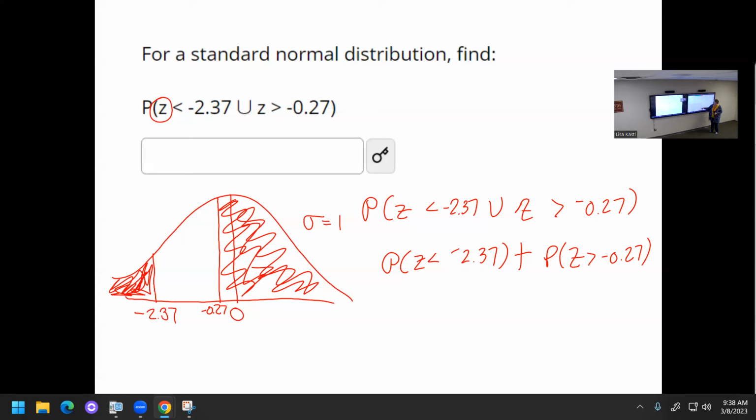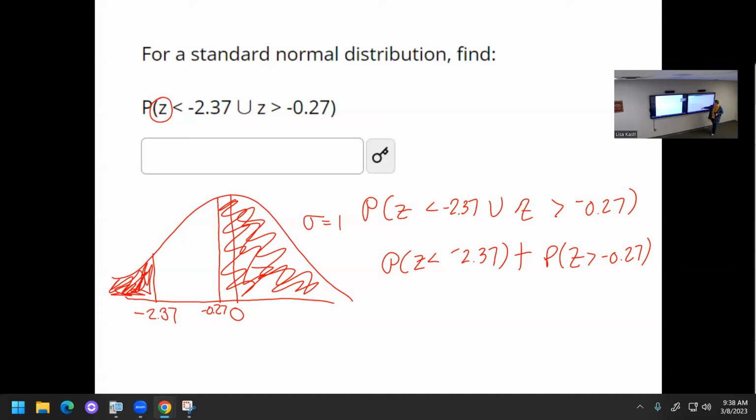The area under the curve to the left of negative 2.37 is 0.0089. And this only gives you areas to the left. So to find the area to the right, I find the area to the left and subtract it from 1.